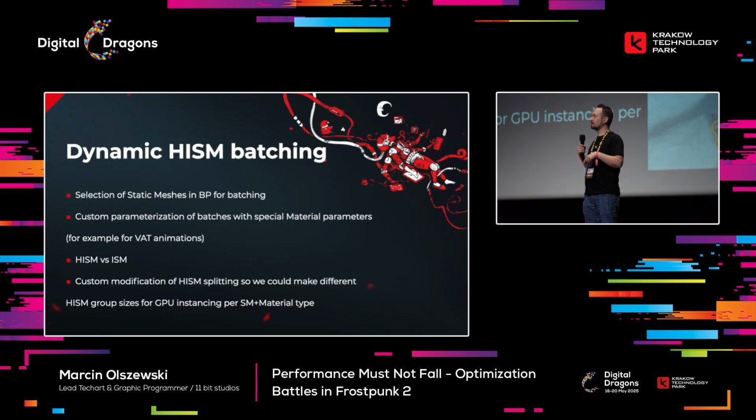You have to make updates, and you can do it either by making a new material instance, which is just heavy, or you can use custom data. And that custom data works pretty well, but it's quite problematic to manage when you have a lot of objects in the scene.